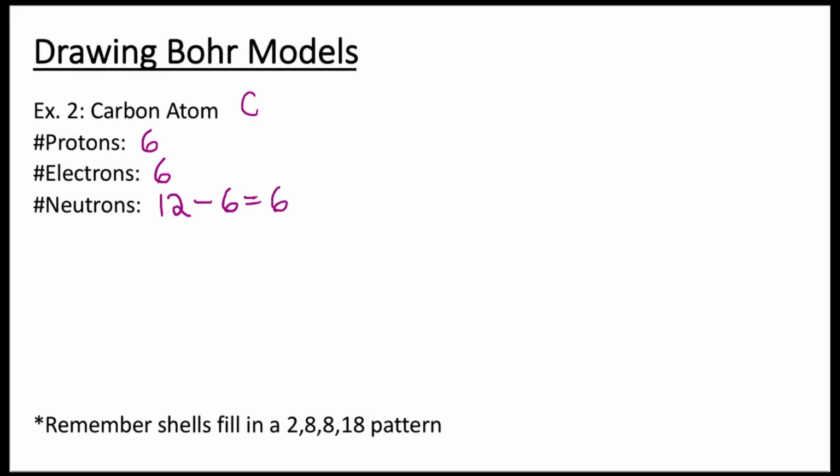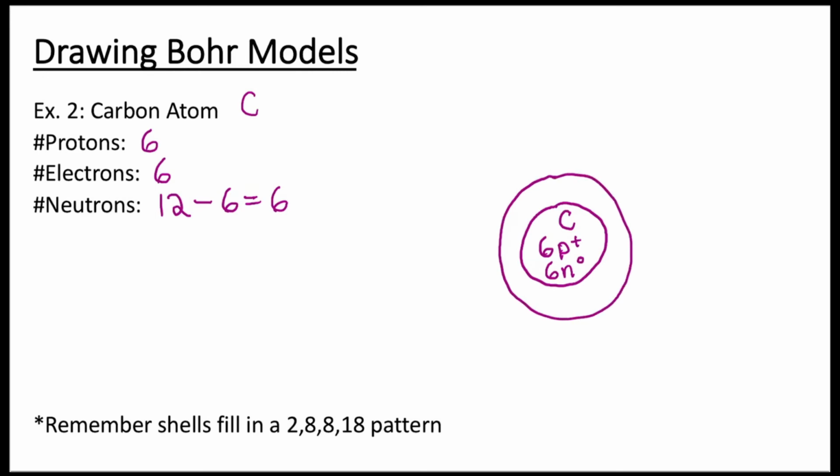So again, I'm going to start off by drawing the central nucleus. Symbol is a capital C. We have 6p plus for 6 protons, 6n naught for 6 neutrons. First ring can hold 2. So that is 2 out of 6 electrons used. We have 4 left to go in our next shell.